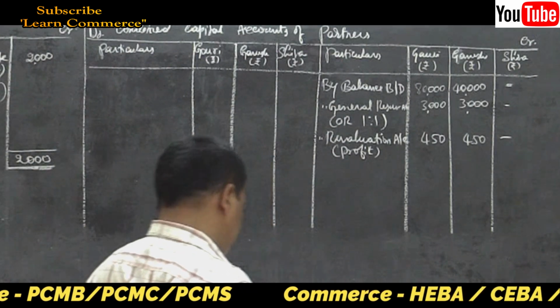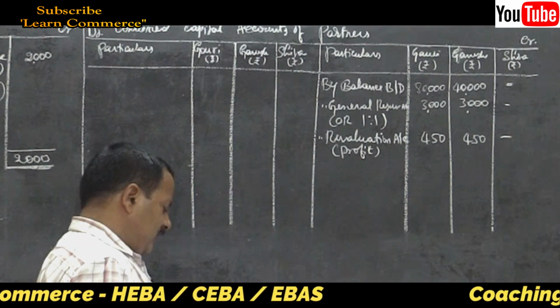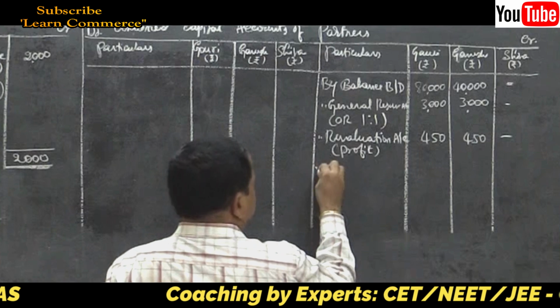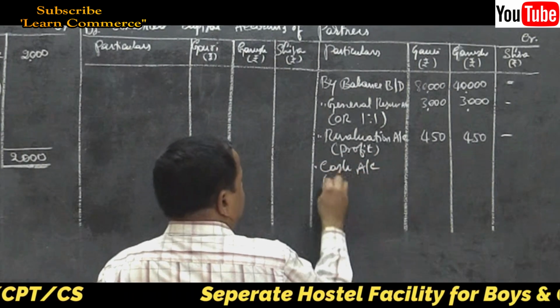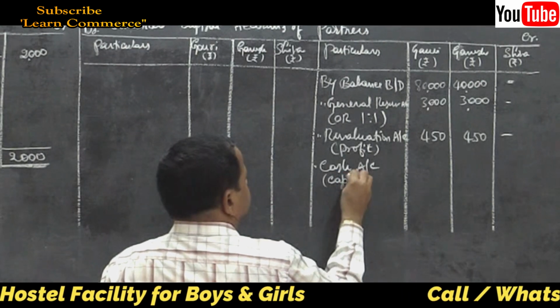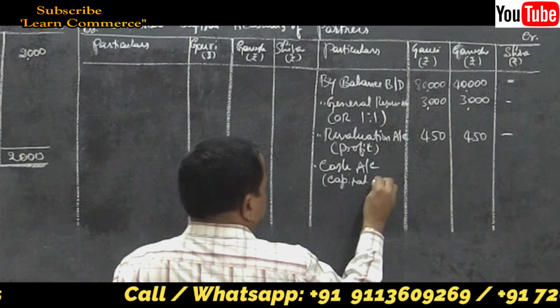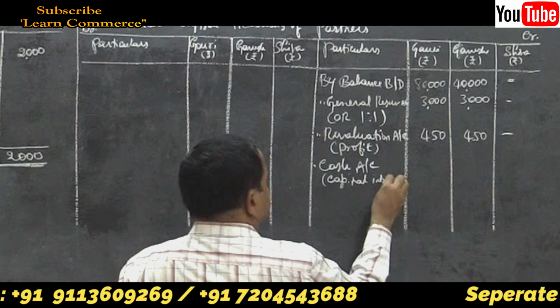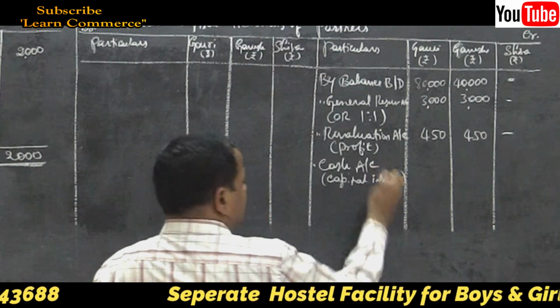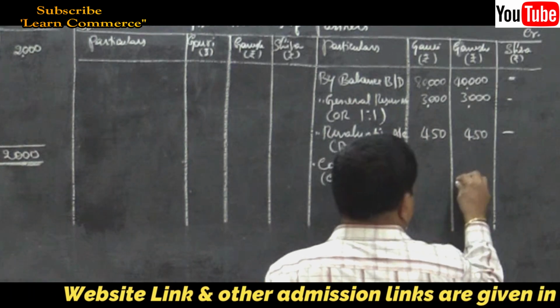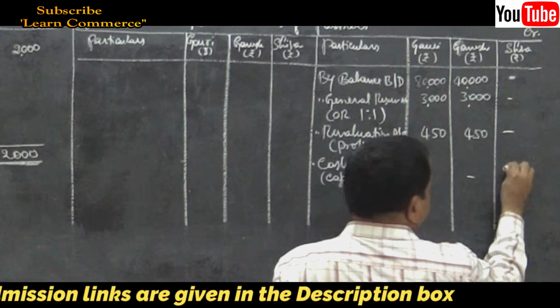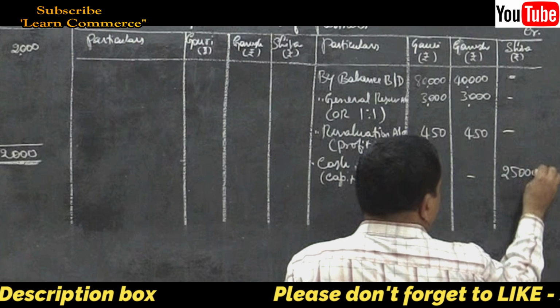Then cash account: the new partner brings in cash towards capital. Capital introduced, how much? 25,000, in the new partner's account.